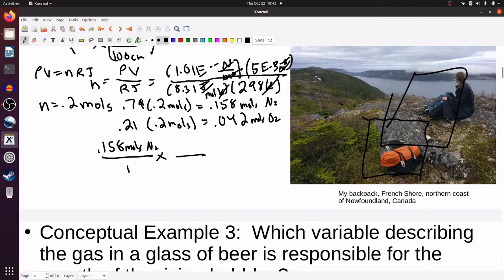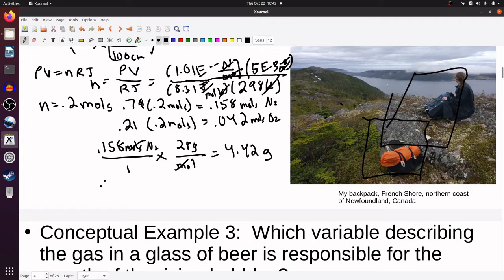And I know that nitrogen is 14 from the periodic table, and it's 2 nitrogen, so I need to put 28 grams per mole. And then moles cancels out, and I get 4. Do that one more time. 0.158 times 28. Yeah, 4.42. I had that up already, but I wanted to double check myself.